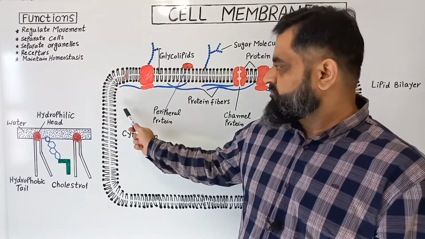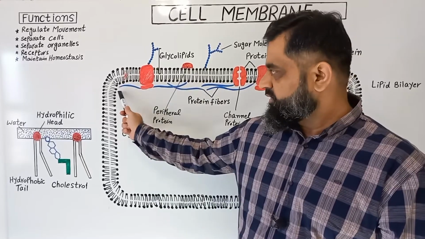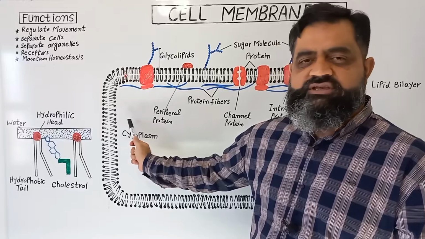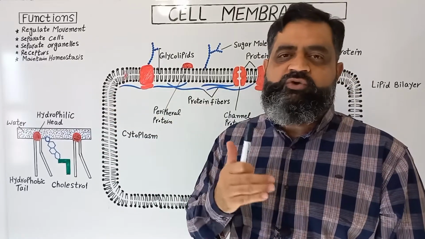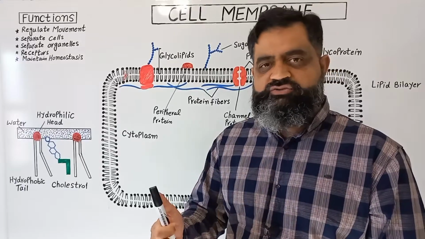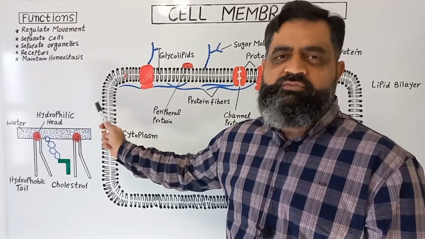As you know, there is a fluid inside the cell which is known as cytoplasm. So this part of the lipid molecule faces the cytoplasm. In the same way, there is extracellular fluid or liquid medium outside the cell also. So these parts of the lipid molecule face the liquid medium on this side.